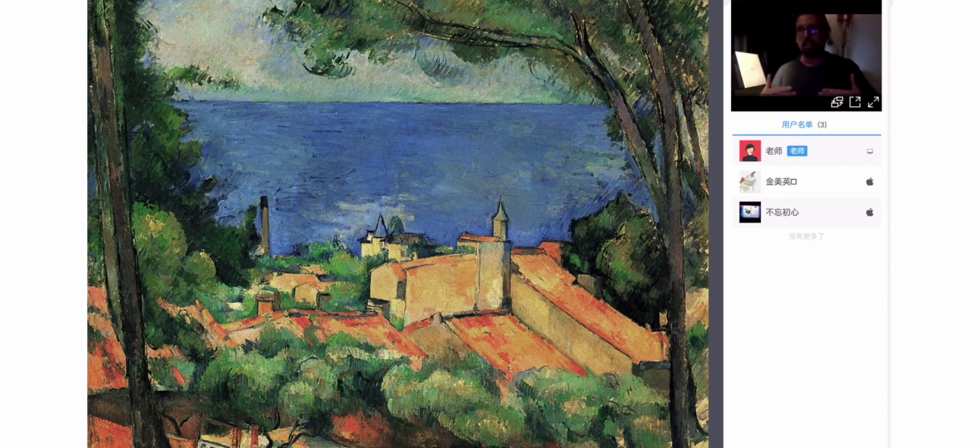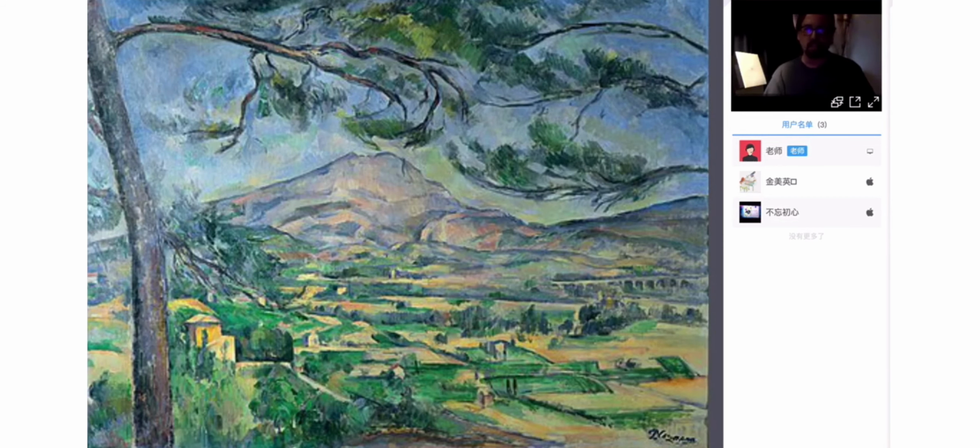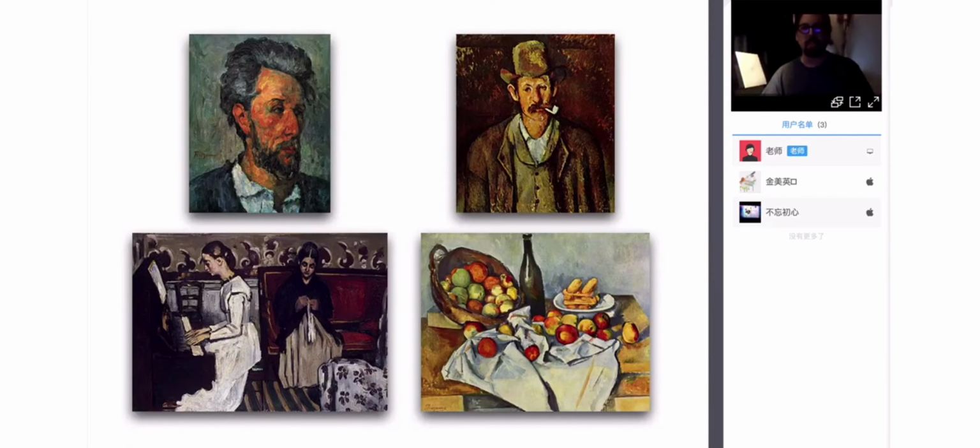This is two-dimensional. When I look at this, it looks two-dimensional to me. And as the video mentioned, the contrast or juxtaposition of color is his signature style.